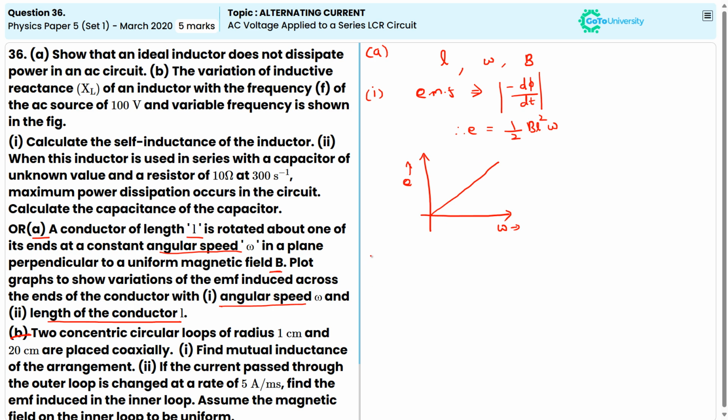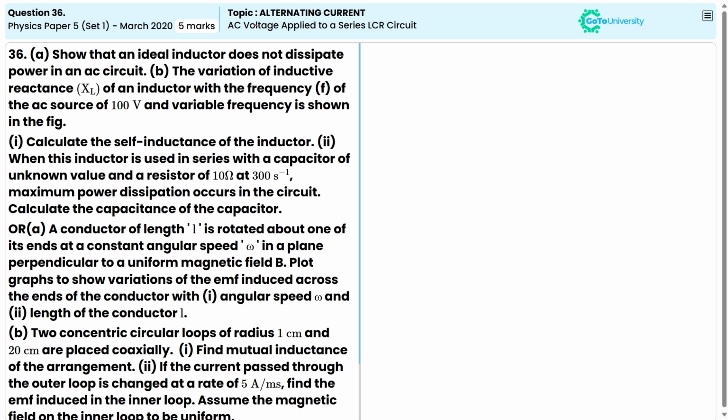Now the second thing is the graph for EMF induced and the length of the conductor L. Again we know that E equals 1 by 2 B L square omega. Because here we have L square, we get a curve like this. So this is the graph for EMF induced and the length of the conductor L.